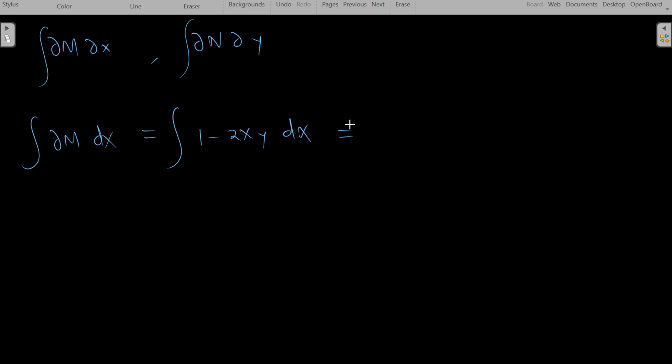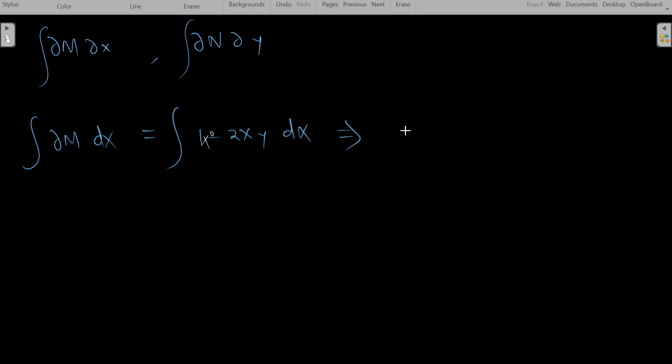So I'm integrating this function with respect to x alone, so I'll treat all the y terms as constants.